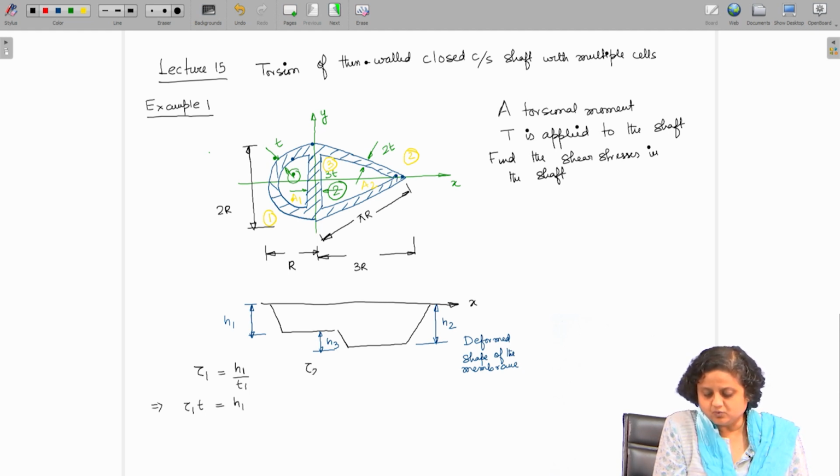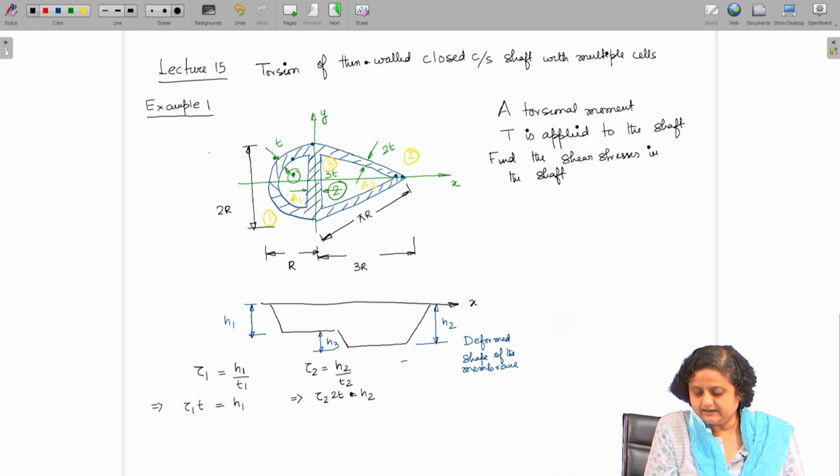Similarly, tau 2 is H2 by T2, where T2 is 2T, so tau 2 into 2T is equal to H2. Similarly, tau 3 is H3 by T3, which gives tau 3 into 3T is equal to H3.